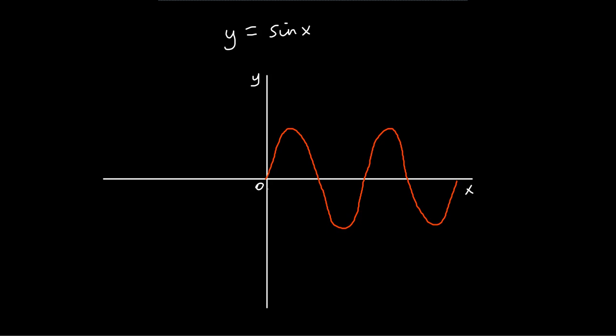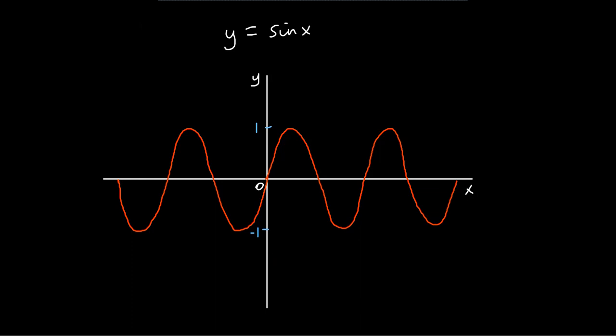And then for the negative x-axis, it would go down to -1, up to 1, down to -1, up to 1, and so on. So it also repeats forever in that direction. So the maximum value of the graph is 1, and the minimum value is -1.